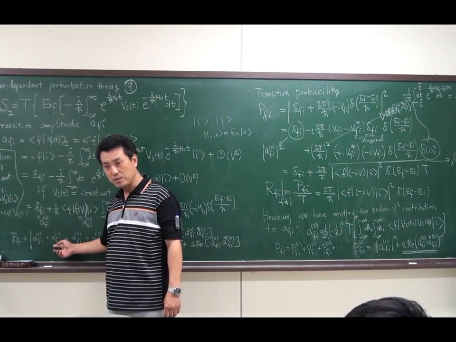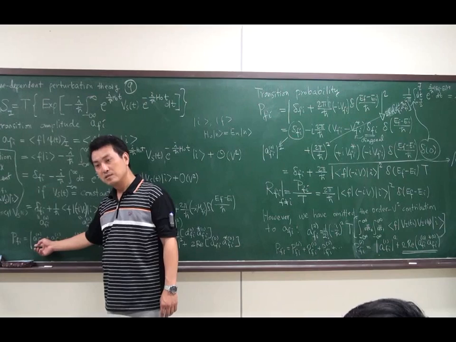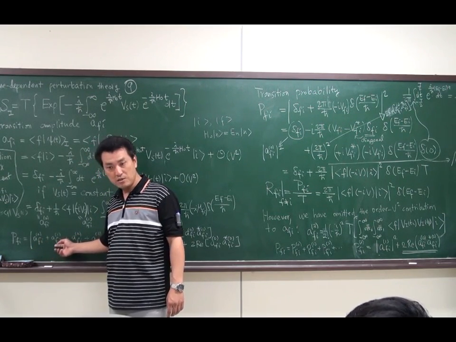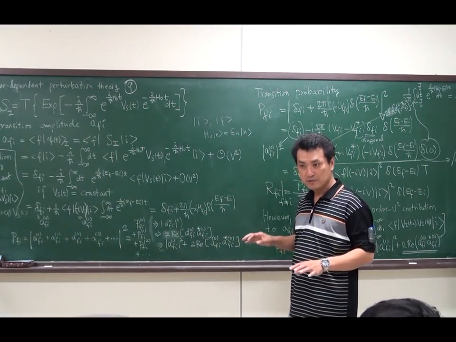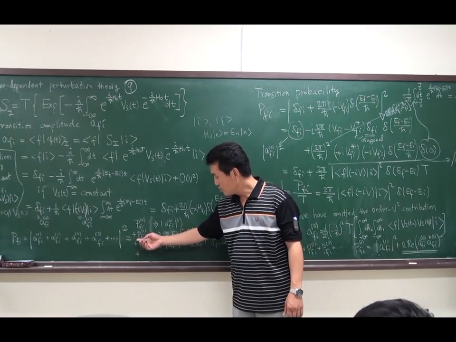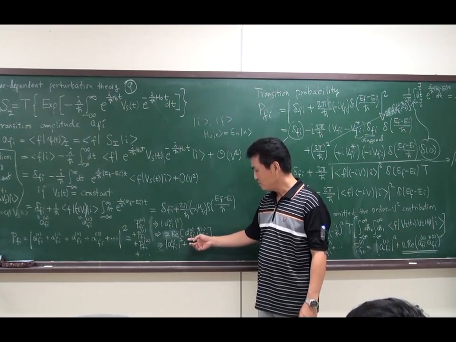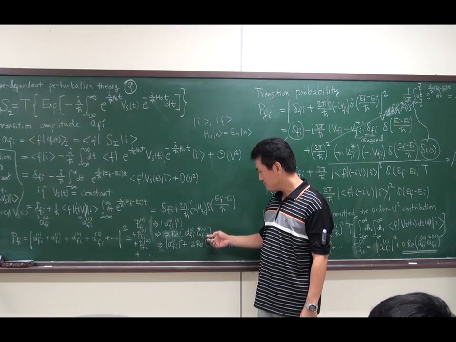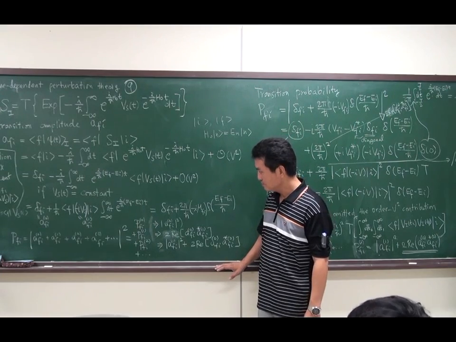But this is a complex number, so one guy is without a star, and the other is its own complex conjugate. So there are two crossing terms, and the result of order V contribution must be 2 times the real part of A_FI zeroth order times A_FI first order complex conjugated.